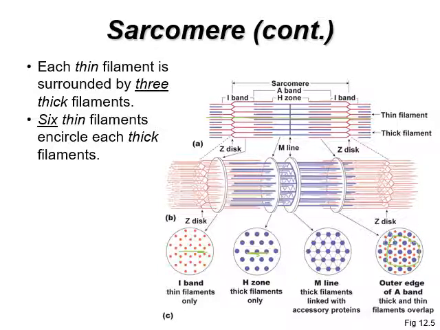The thick filaments have those heads that will attach there, there, and then these will also attach there. So we have this arrangement where these thick filaments interact with the thin, not just two-dimensionally, but three-dimensionally.